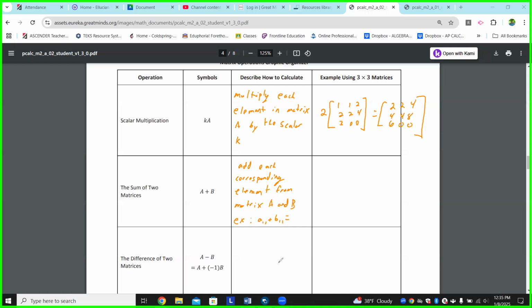So here's the example I'll let you try. 1, 1, 2, 2, 2, 4, 3, 0, 0, the one just like the above, plus the one you just added.